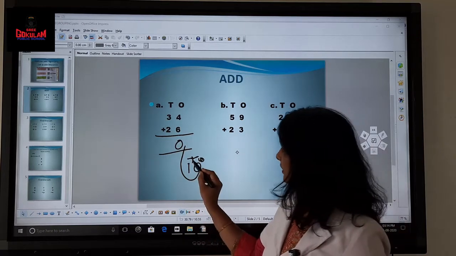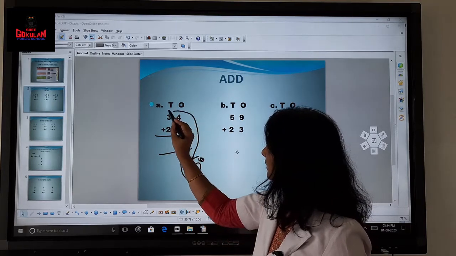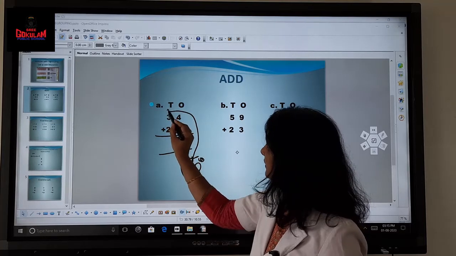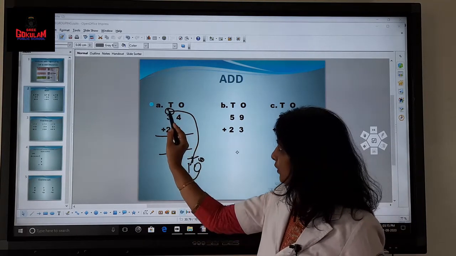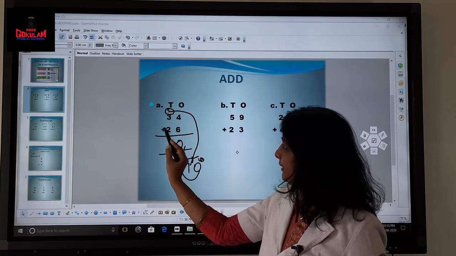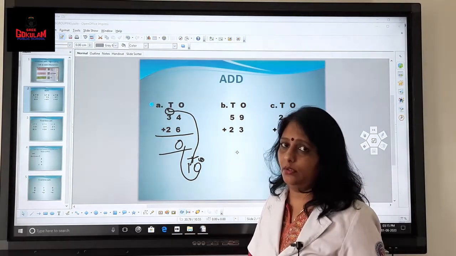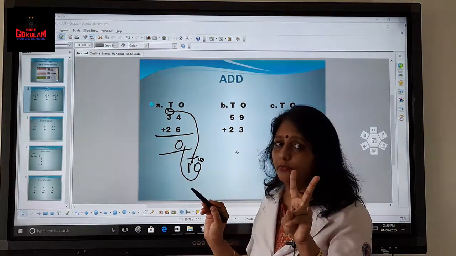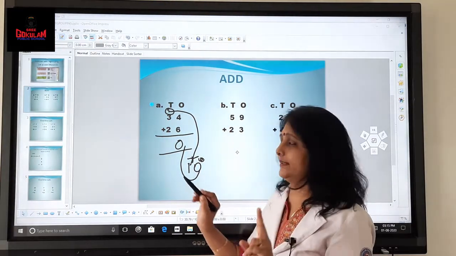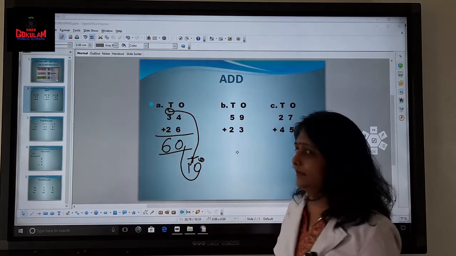And this tens place number, we will carry to the tens place. What is it? 1. So, 1 plus 3 plus 2. What is 1 plus 3? 4. 4 plus 2. 4 in your mind. 4 plus 2, 6. So, the answer is 60.